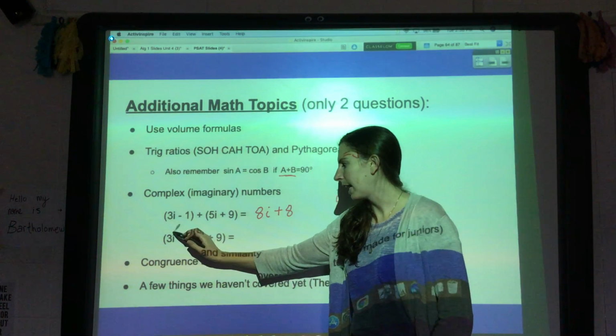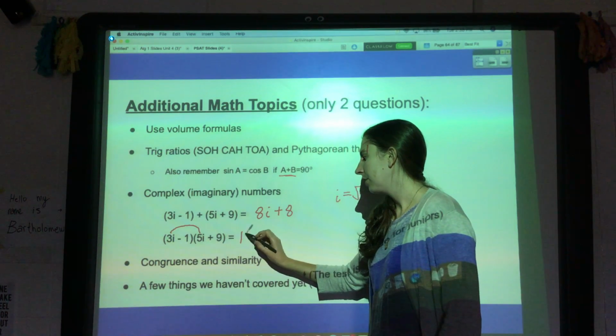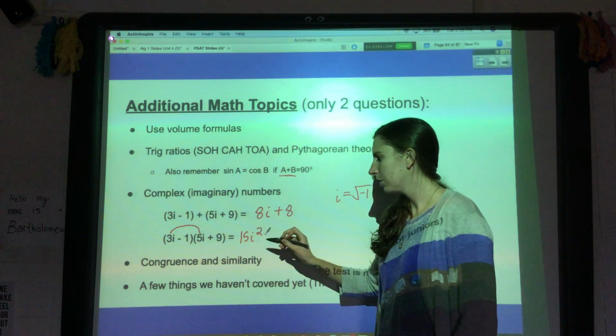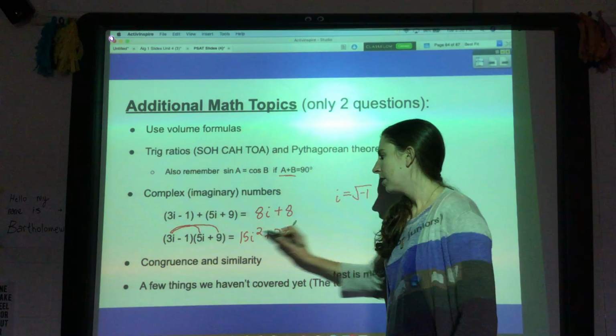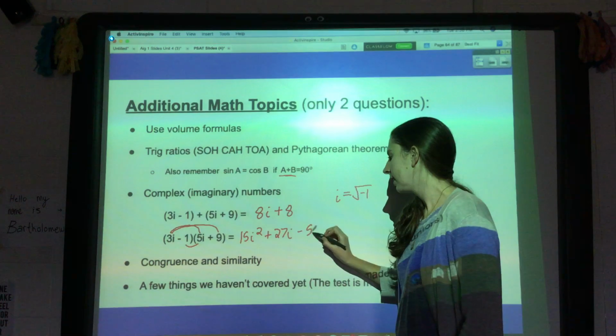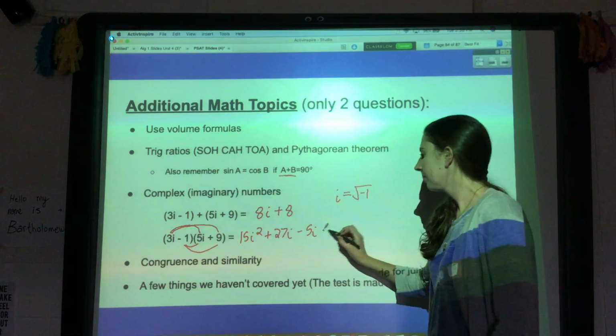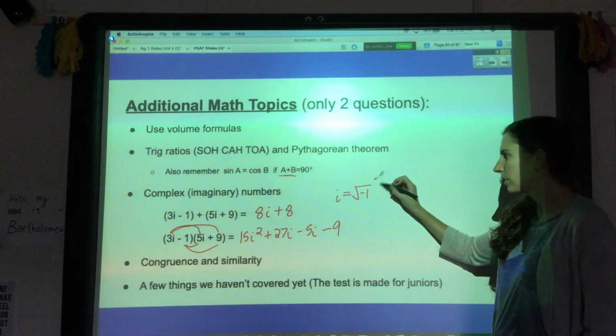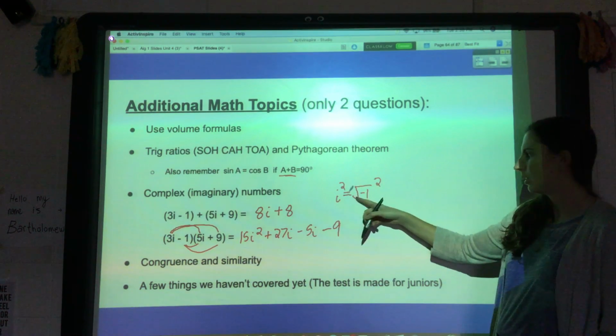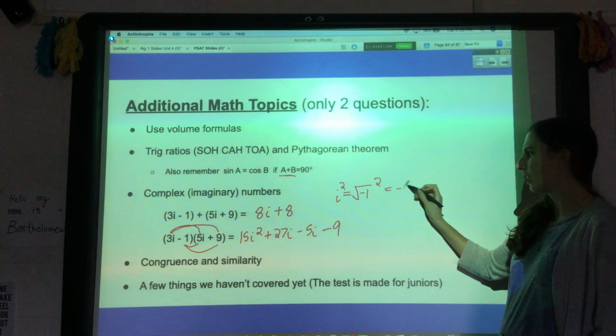When you multiply, 3 times 5 would be 15i squared. And then 27i minus 5i minus 9. So i squared, if I square this, square root and squared cancel, and it's actually just negative 1.